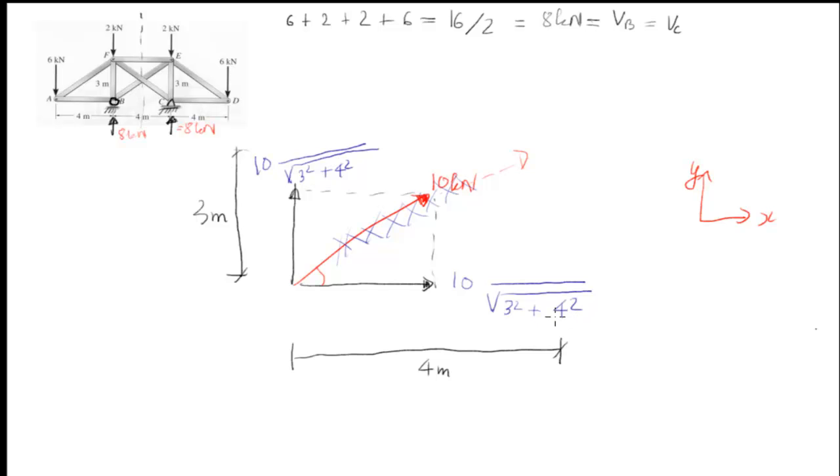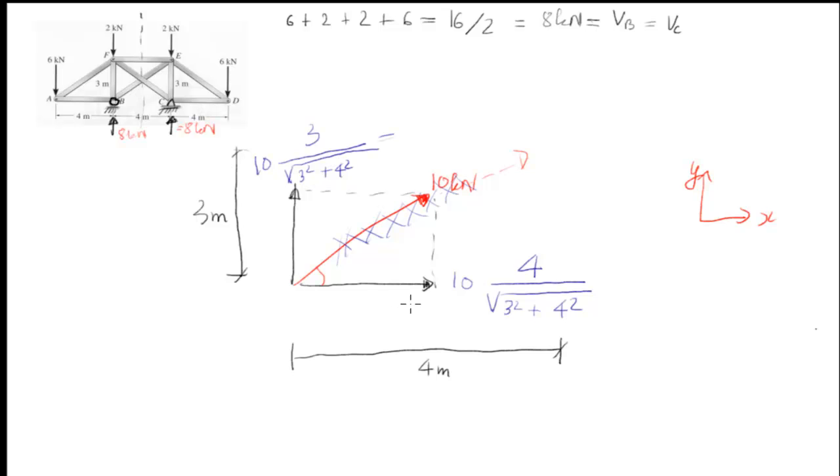Because this force is in 4 meter, we put 4 here, and this force is going in the same direction as 3 meter, so we put 3 here. So obviously you will get the value for this force and this force without finding any angle. So quick and easy, right?